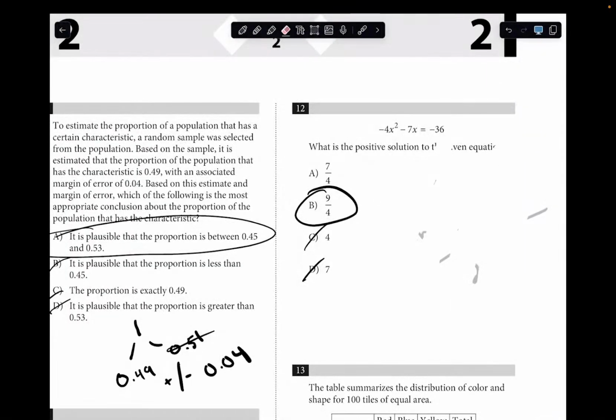I did it where you move it all and put it over to 0, so then 36 becomes positive, and then you multiply negative 4x squared times 36, and you get negative 144. And then negative 144 divided by 16 equals negative 9. And then I plugged that all back into the equation.